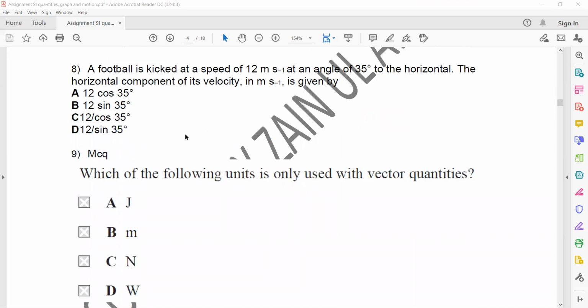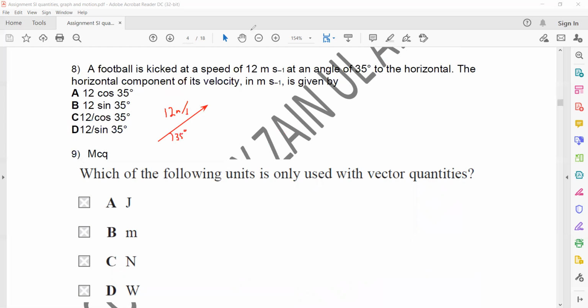And the next question, a football is kicked at a speed of 12 meter per second at an angle of 35, the horizontal component of its velocity. So a football is kicked with a velocity of 12 meter per second, making an angle of 35 with horizontal.